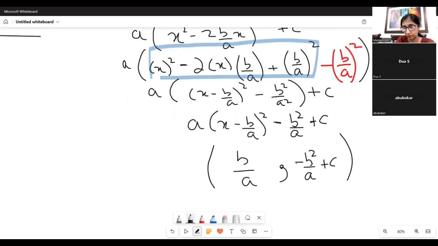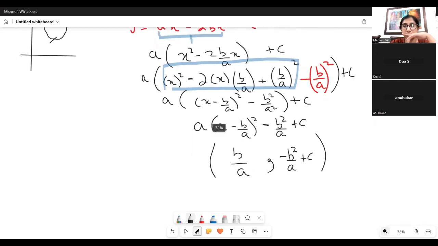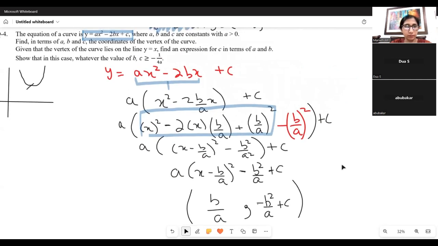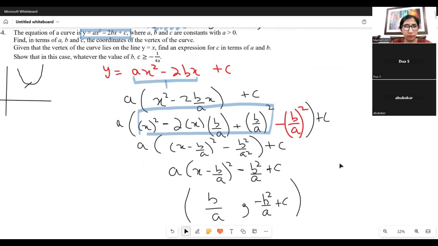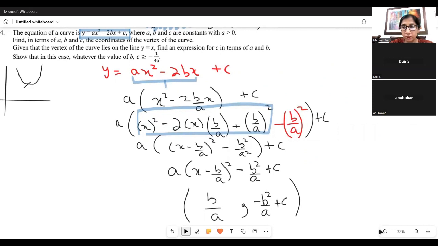Abu Bakr, do you understand this? Yes miss. Okay. So these are the coordinates of the turning point or the vertex of the curve. Find in terms of A, B, and C the coordinates of the vertex of the curve. Done.